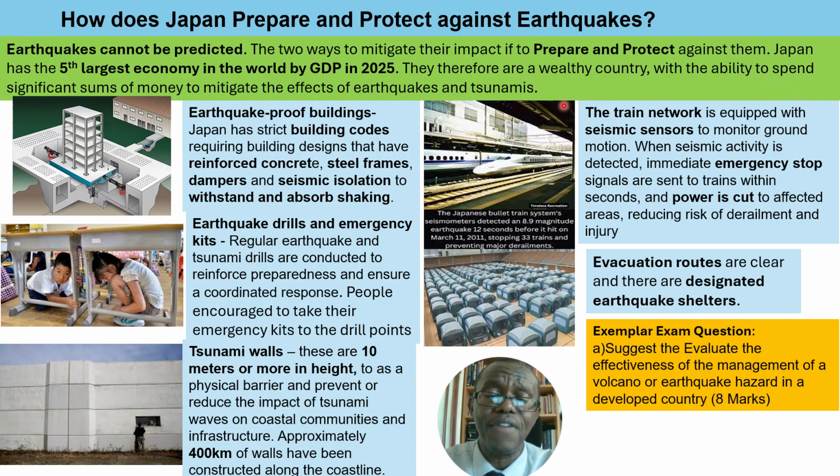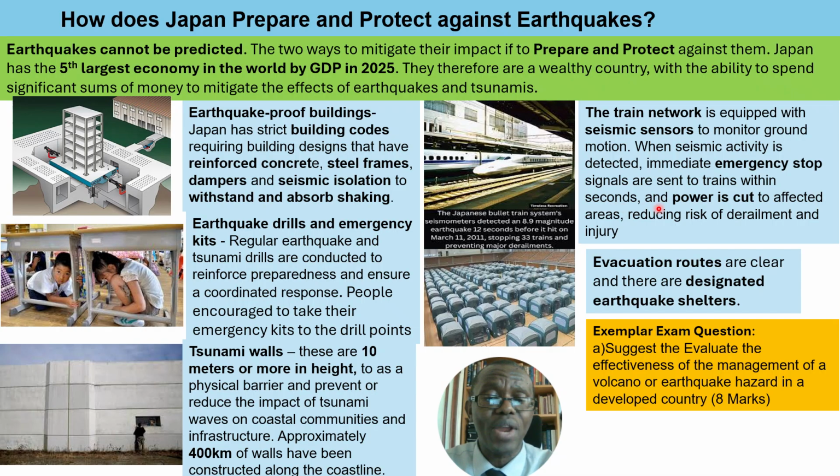Then we have a very high-tech, so to speak, train network in Japan. It's equipped with seismic sensors to monitor ground motion. And when seismic activity is detected, immediate emergency stop signals are sent to trains within seconds. Now, when I read up about this, it said that it's a 2 second response time.